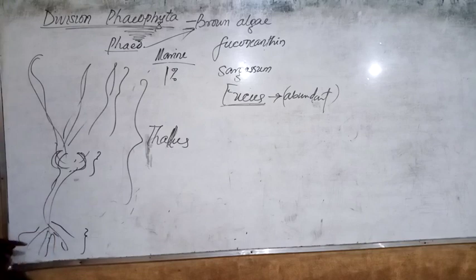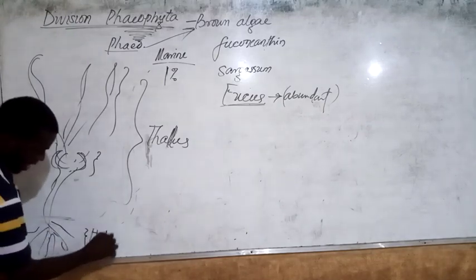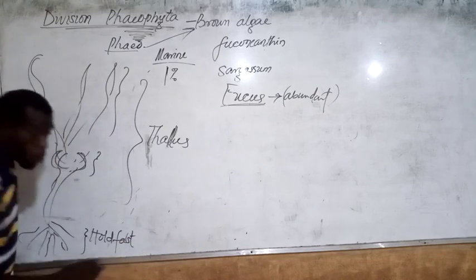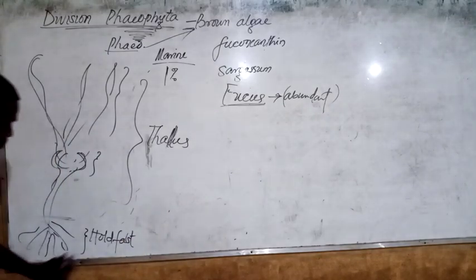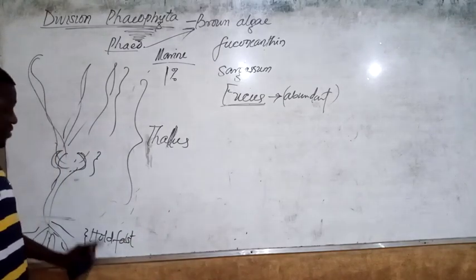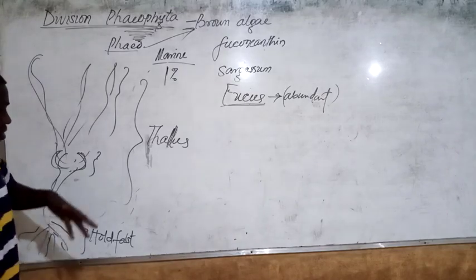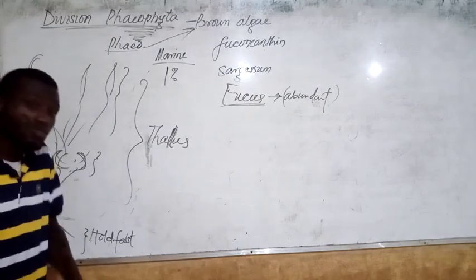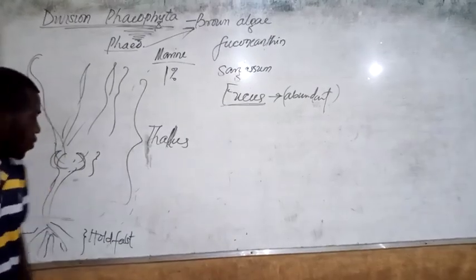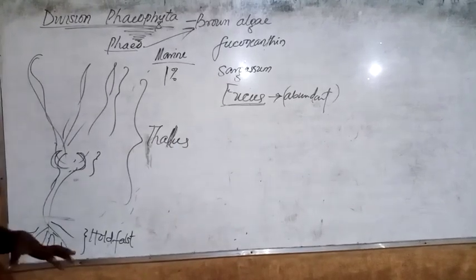Now, I was talking about their structure. I said this portion, this root-like structure, is not a root, hence the reason why it is called a holdfast. It is different from a root for two reasons. Number one is the fact that a root actually enters into the ground or the substrate, while the holdfast does not enter into the substrate.